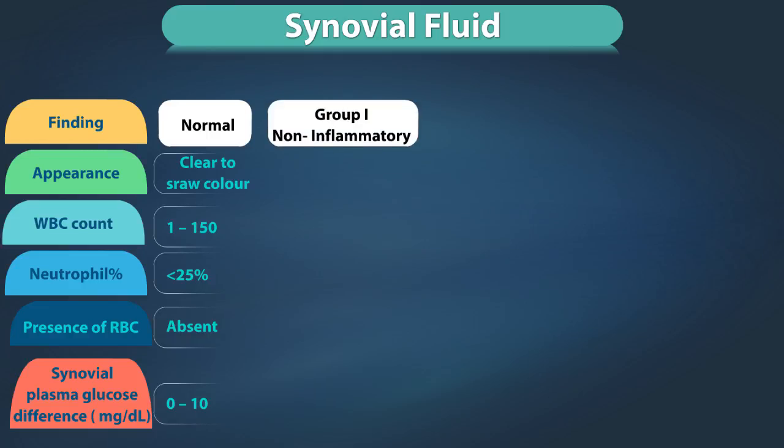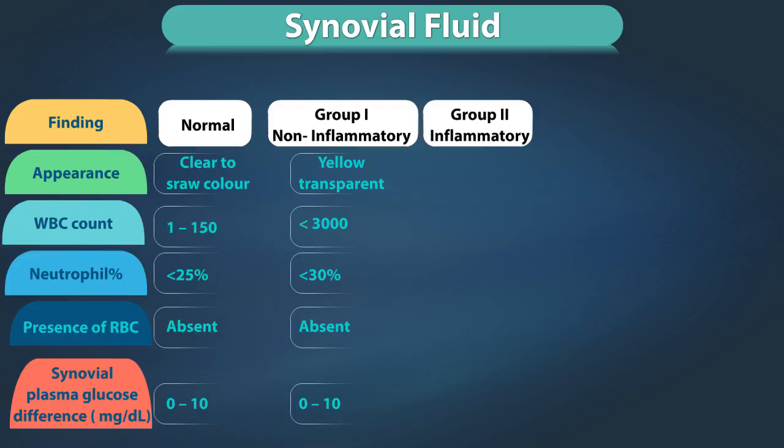The group 1 or the non-inflammatory group of diseases have yellow transparent fluid with less than 3000 cell count, less than 30% neutrophils, absent RBC, and a difference of 0 to 10 milligram per deciliter from the plasma glucose.